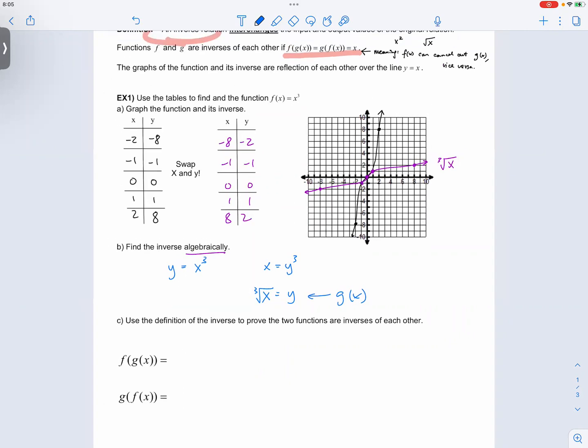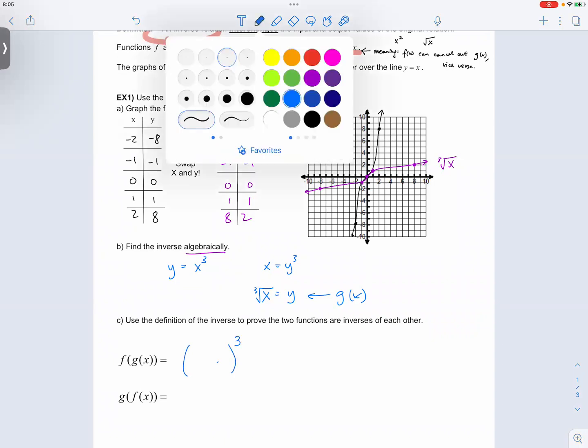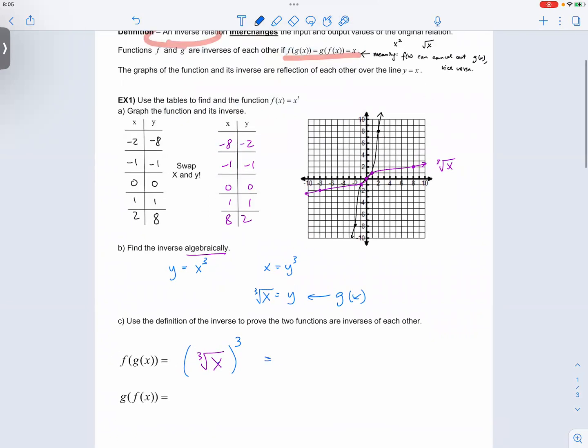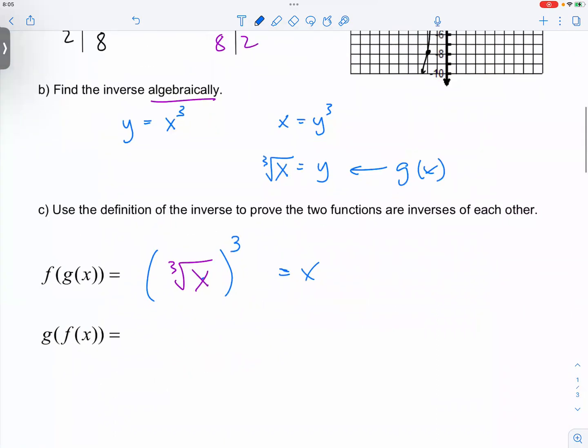And then what is f of g of x going to be? f of x is going to be our x cubed, and g of x is the one staying inside right here. What is the cube root of x being cubed? Well, they cancel each other out. So it's just x.